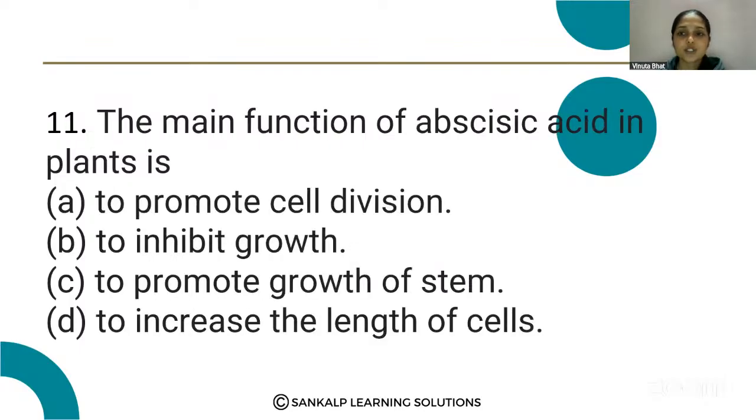The main function of abscisic acid in plants is what? To promote cell division, to inhibit plant growth, to promote the growth of stem, or to increase the length of cells. So what is the correct answer for this question?